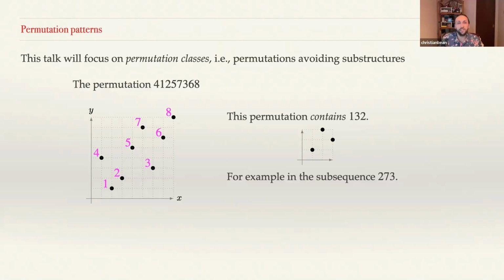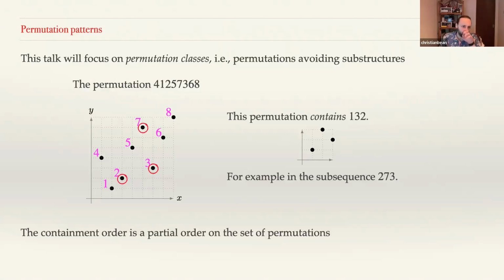In other words, it's in the same relative order as 1, 3, 2. Or put otherwise, in this picture form, if I highlight the points of the 2, 7, 3, then we see those 3 points are in the same order as the 1, 3, 2 in the permutation, which is why I enjoy this pictorial view of my permutations.